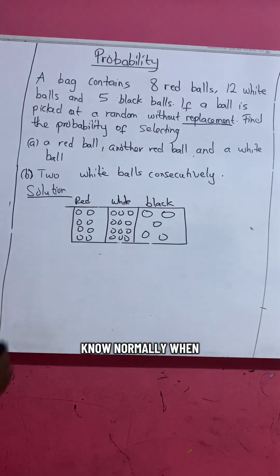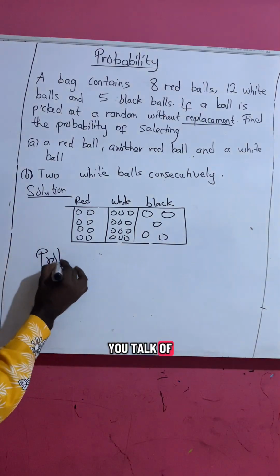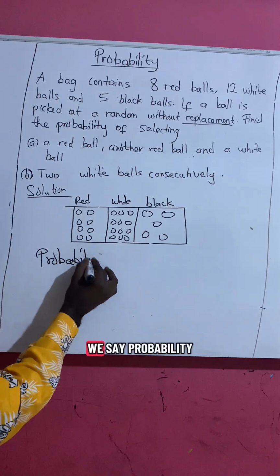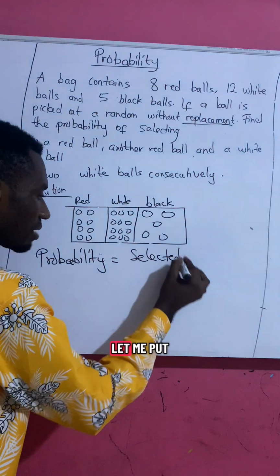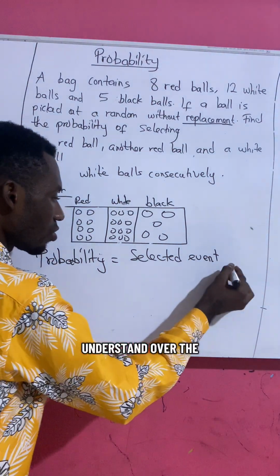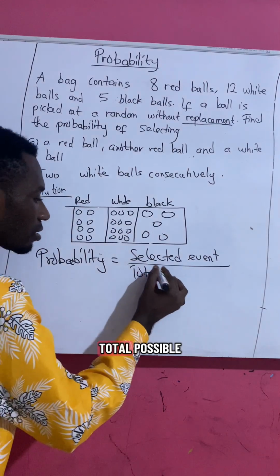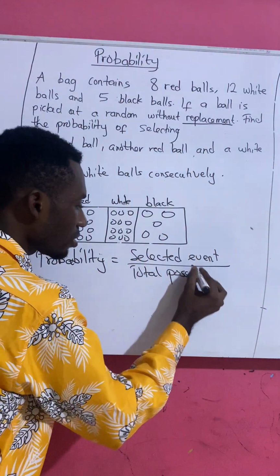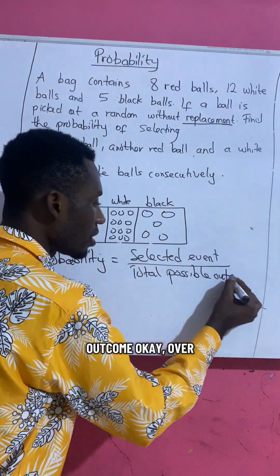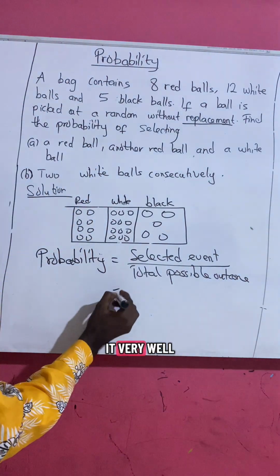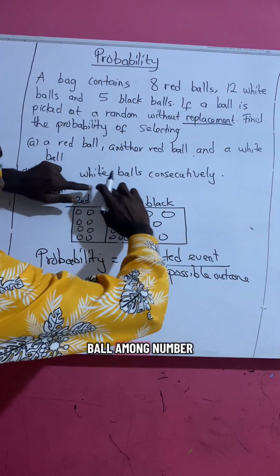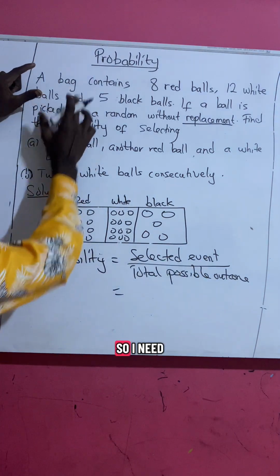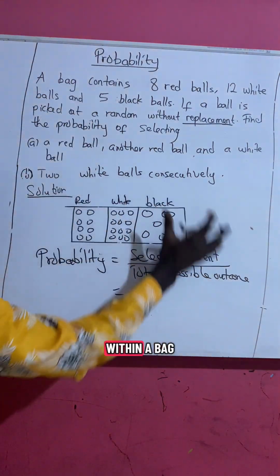Normally, when you talk of probability, we say probability is the selected event over the total possible outcomes. We are going to pick the ball from among the balls within the bag, so I need to know the number of balls in the bag.